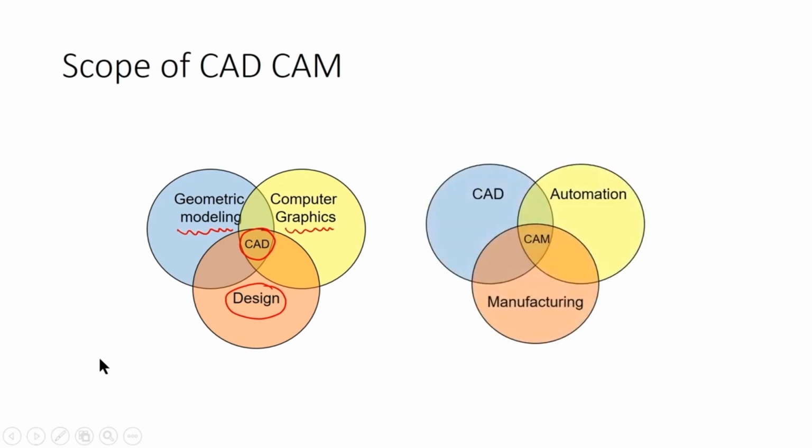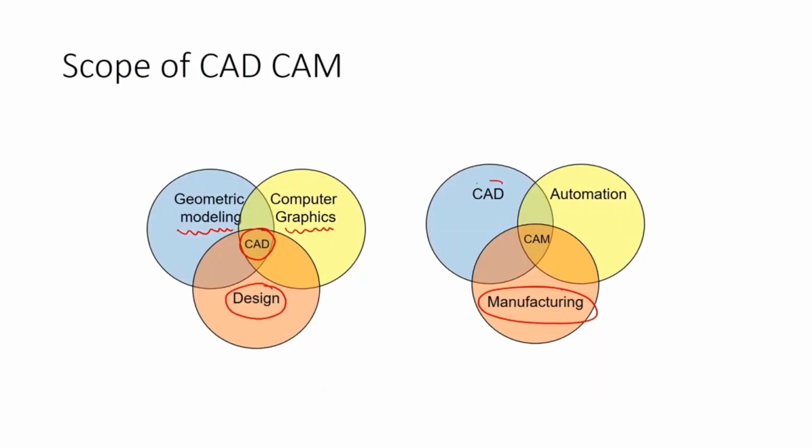In a similar way, computers are helping us to automate the manufacturing operation as well. A variety of manufacturing operations can easily be automated with the use of computers. A simple example is the generation of the part programming code, G and M code, which is used in CNC machining operations.